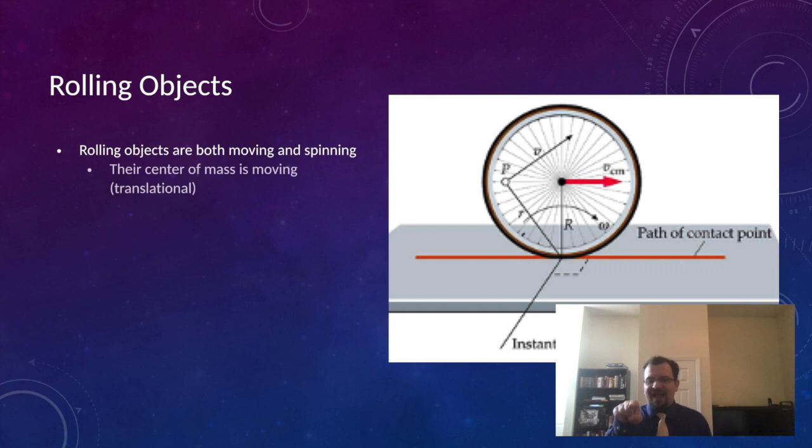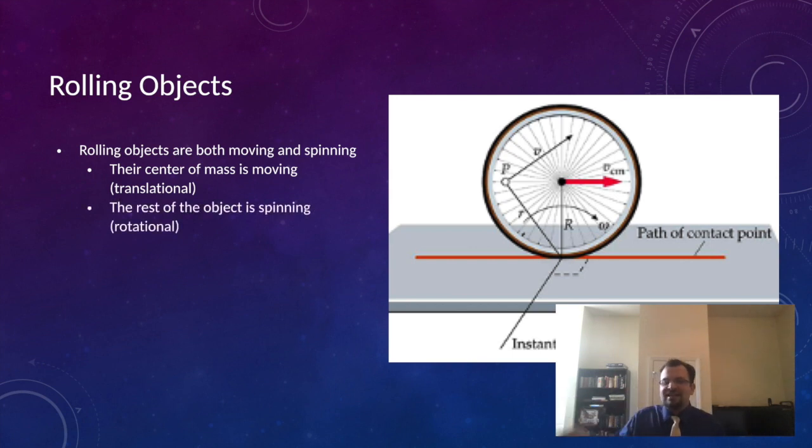So the center of mass is moving translationally. So that means it's moving along the axis that it's moving along, and you get to pick that axis. So x-axis is usually a good one to choose. And then the whole rest of the object is spinning. It's undergoing rotational motion.